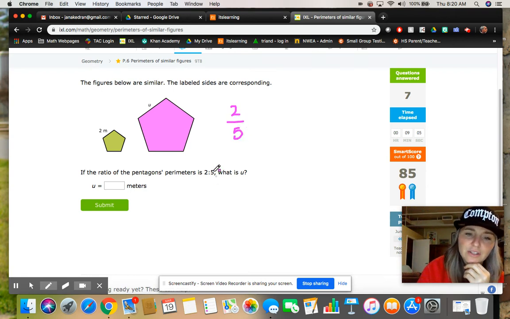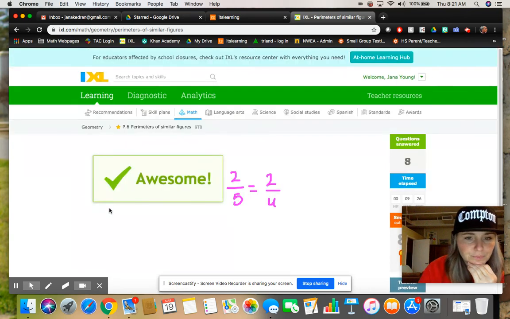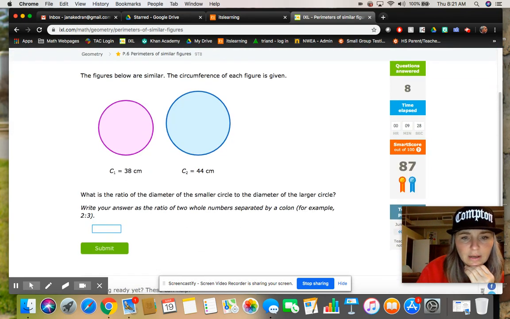And really, they should have given us, well, they don't have to. This is them saying small first and then big. So 2 to 5 set up as 2 to U. Well, that's interesting because if 2 is equal to 2, then 5 has to be equal to U. If you cross multiply, you're just going to get that 5 back. Okay, so 5.